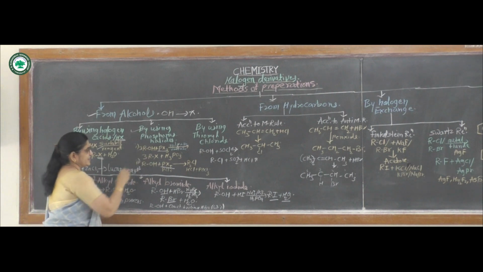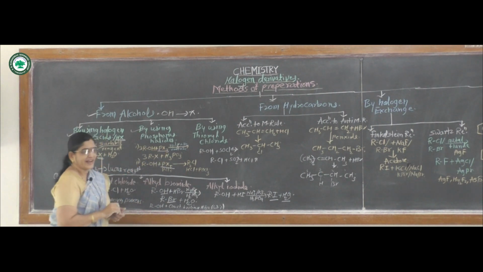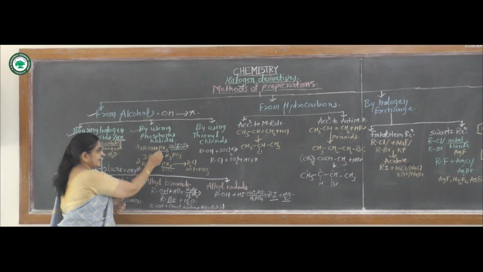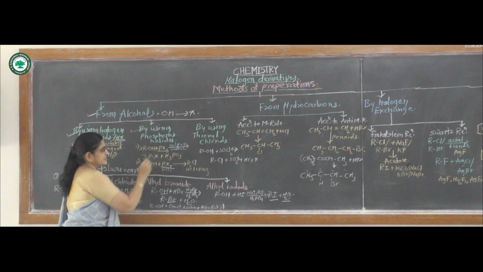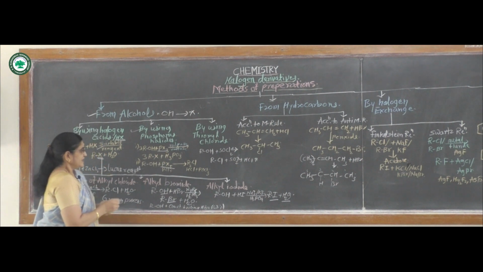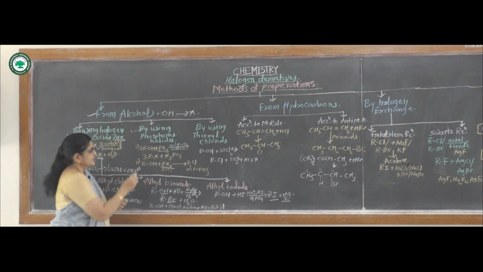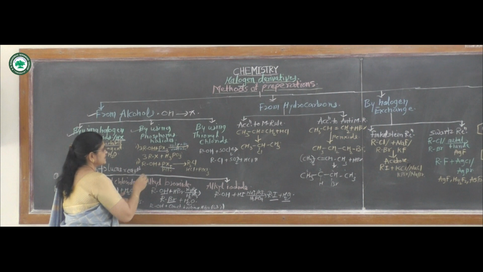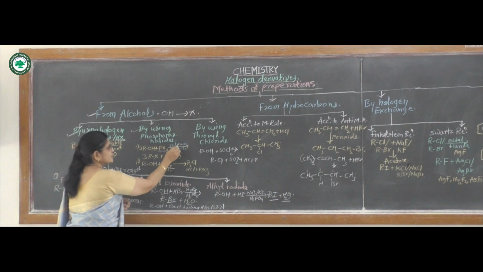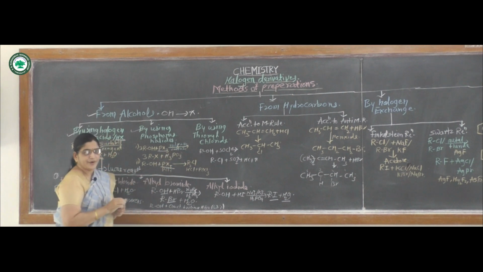ROH, again alcohol, reacts with phosphorus trihalides, that is phosphorus tribromide and phosphorus triiodide. These phosphorus tribromide and triiodide are generated by red phosphorus and bromine, and red phosphorus and iodine.